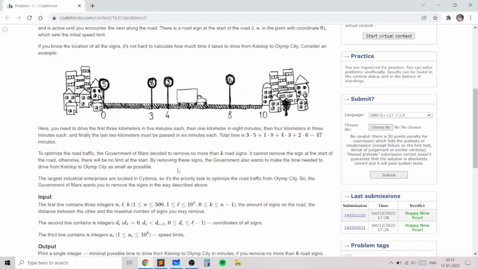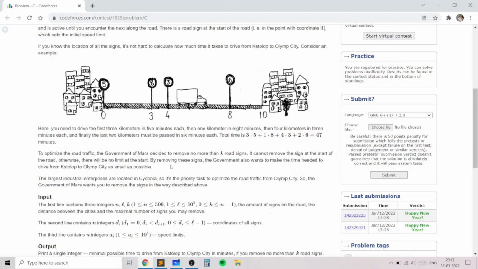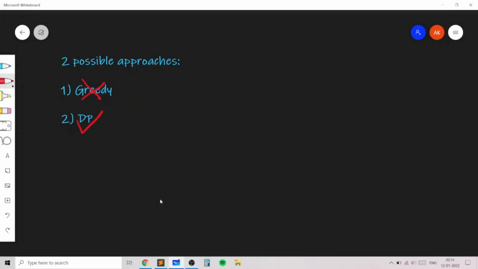However, they become very tedious, and I spent a lot of time trying to figure out how we could greedily approach the problem. But DP is just much simpler, because DP is a kind of brute force, and it also matches the constraints given in the problem. So that's why we move ahead with a DP approach.